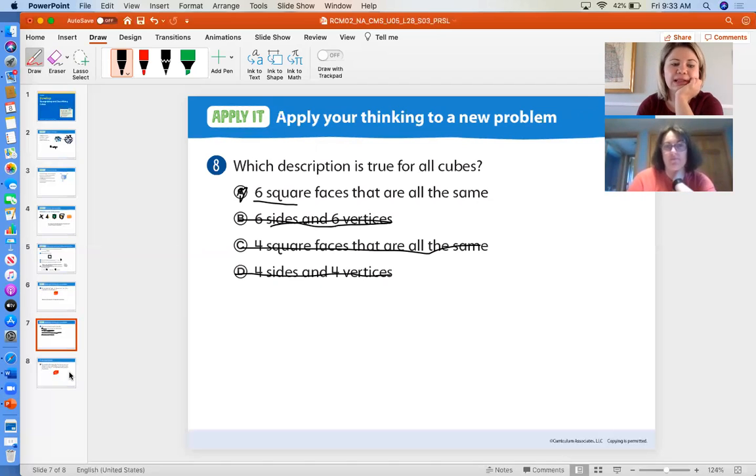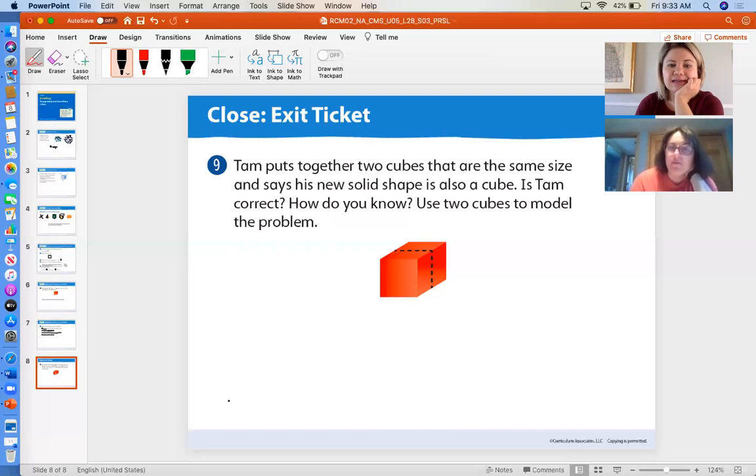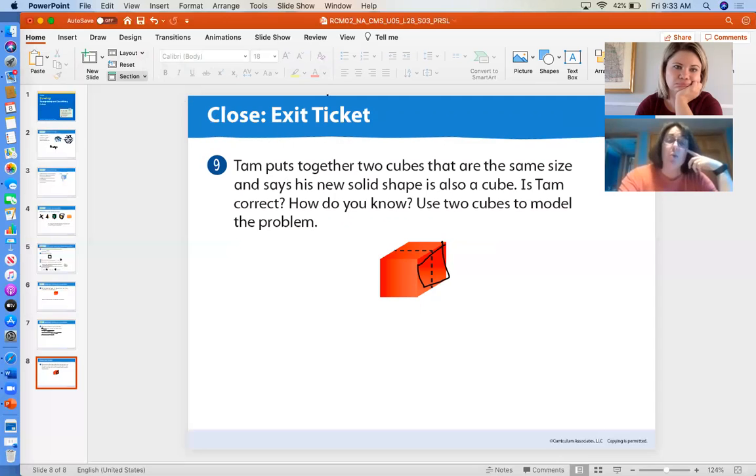Okay. Last one. Tam puts together 2 cubes that are the same size and says his new solid shape is also a cube. Is Tam correct? How do you know? Use 2 cubes to model the problem. So why is it not correct? It can't be, right? Because once we put those 2 cubes together, we create a rectangle for the faces instead of all squares. Now we do see a square still.